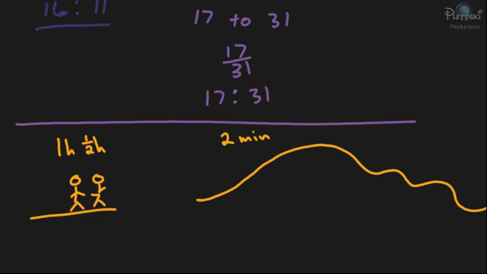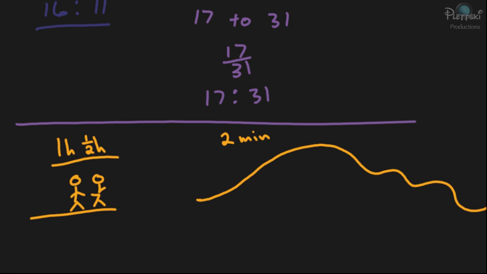It only lasts 2 minutes. What is the ratio of time spent in line to time spent on the ride? Here we can't just write 1.5 to 2 because they're different measurements. You have 1.5 hours in line, and you have minutes on the ride.